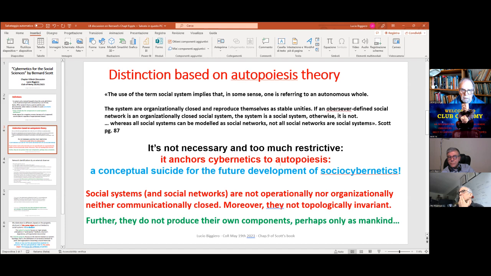Okay, well, so this not producing their own components, I'm looking at social actors who are embodied, in Paskian terms, psychological individuals or psychosocial unities.